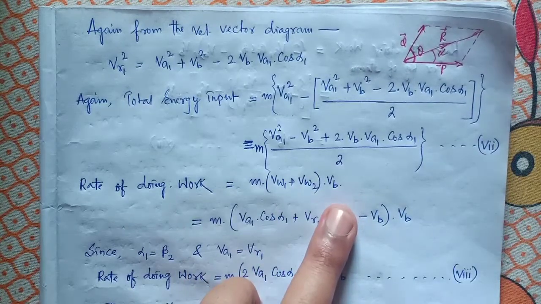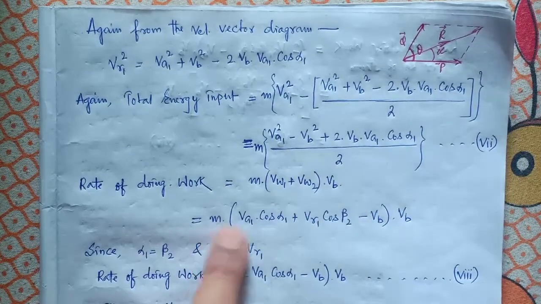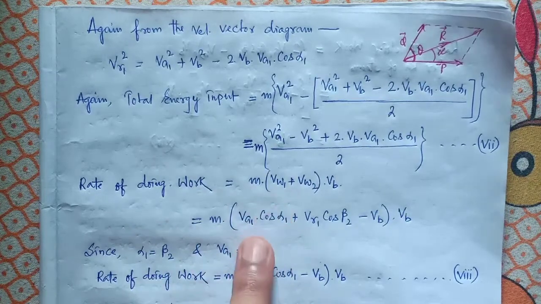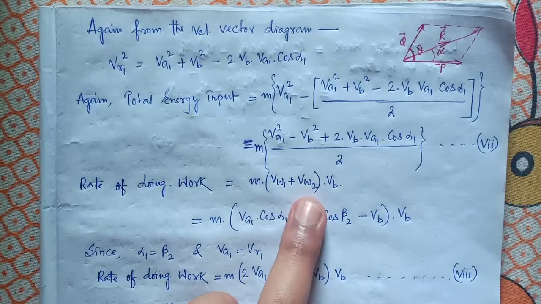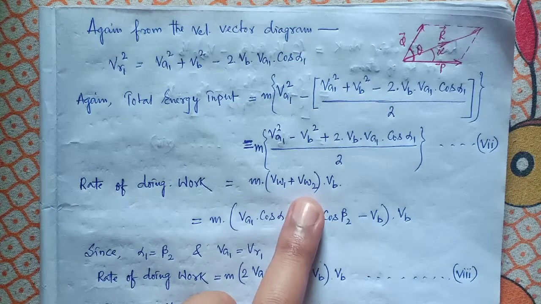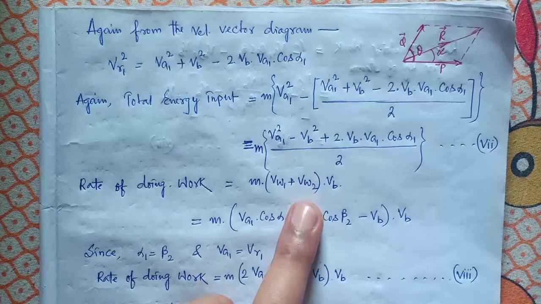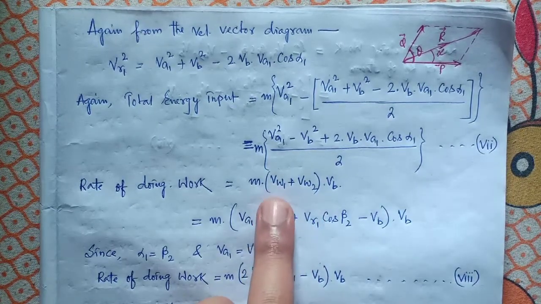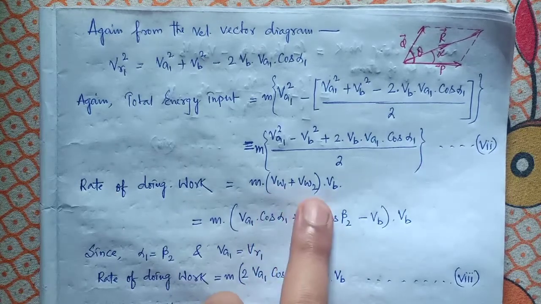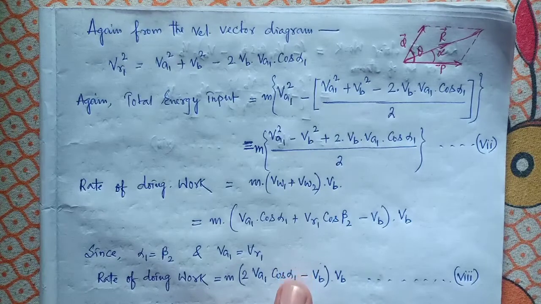We need to put the values of VW1 and VW2 from the velocity vector diagram of the reaction turbine, as we did in the case of the impulse turbine.